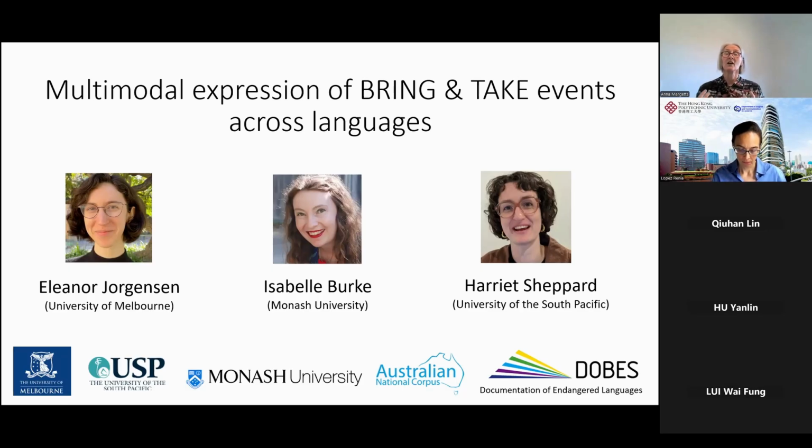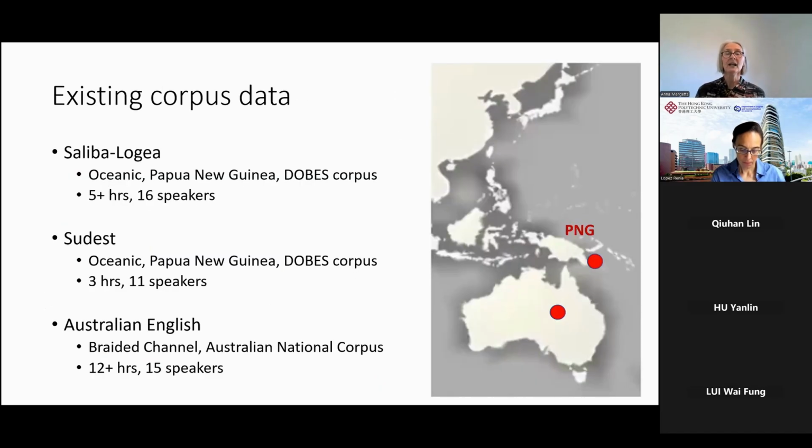So it's very important to acknowledge the infrastructure that actually hosts data that we can work with. So we work with existing corpora for Saliba, the language of my expertise, and then Sudest, which is based on fieldwork by Harriet Shepard, and then the Australian English National Corpus that was pre-existing and somebody else collected.